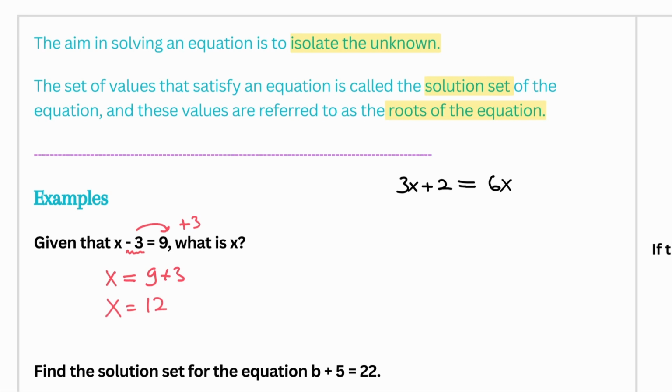What we basically did is, you can also think of it as adding 3 to both sides. We have x minus 3 equals 9, and if we add 3 to both sides, it wouldn't change the value of x. Why? Because they're both equal and we're adding the same amount to both sides.